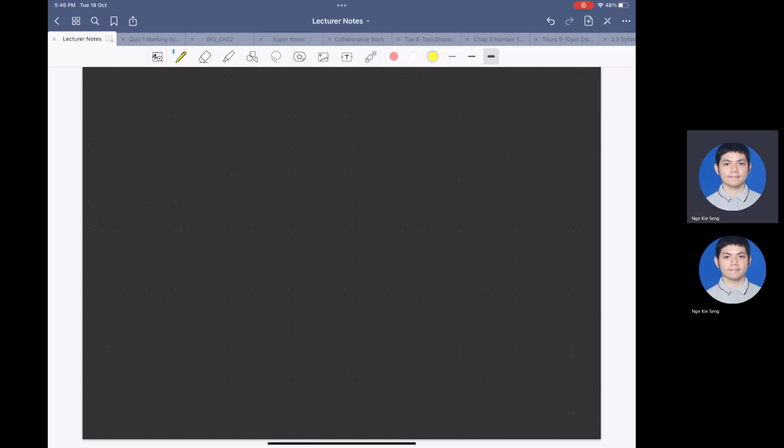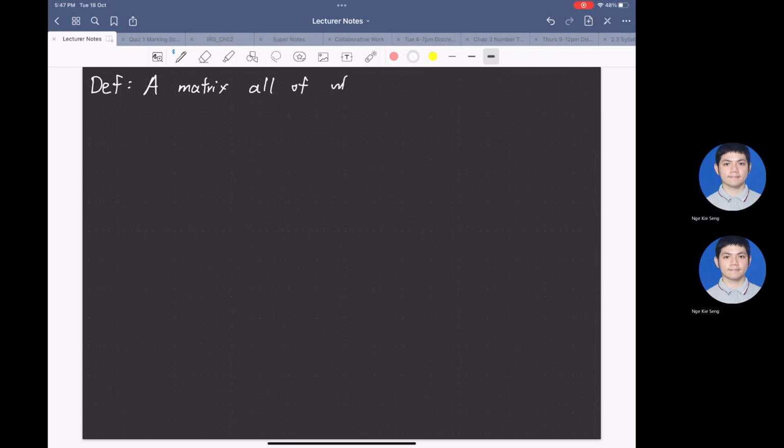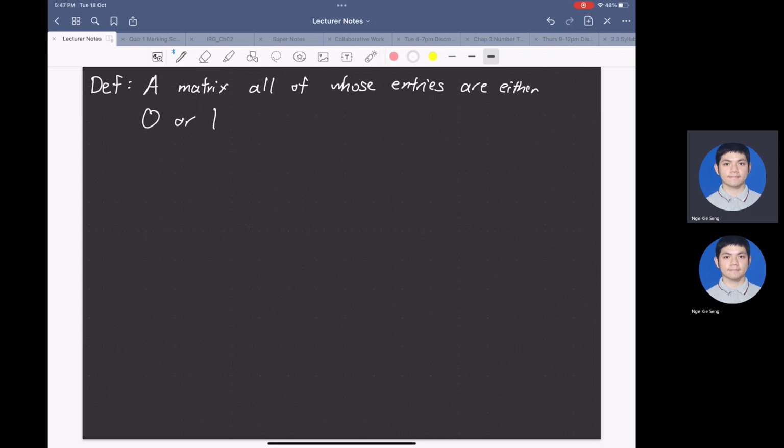In this way, we can do a lot of computation in one go using matrices. So these matrices are called 0, 1 matrices. Let's consider a matrix such that every entry is either 0 or 1.